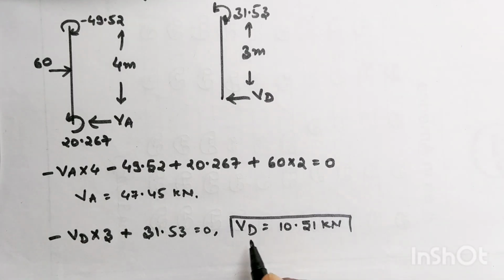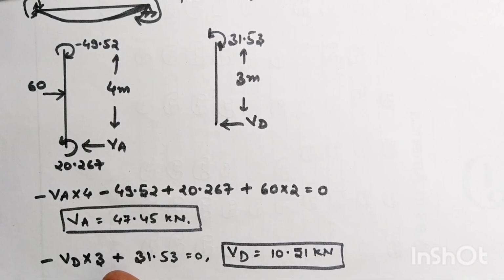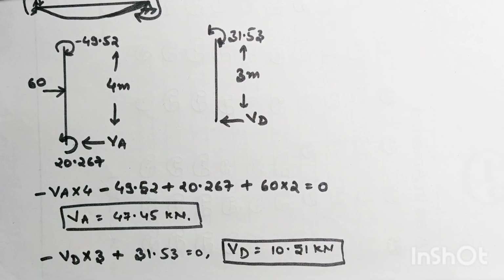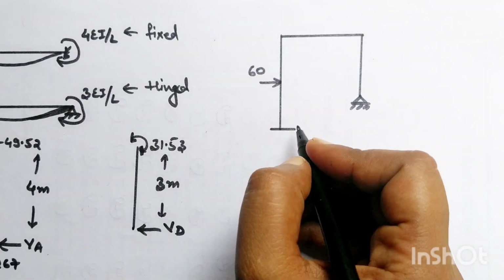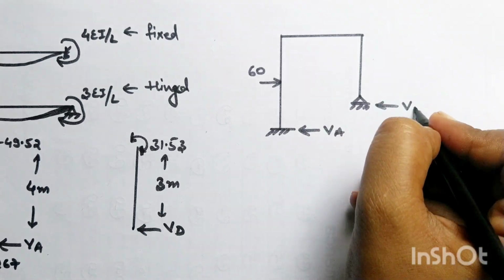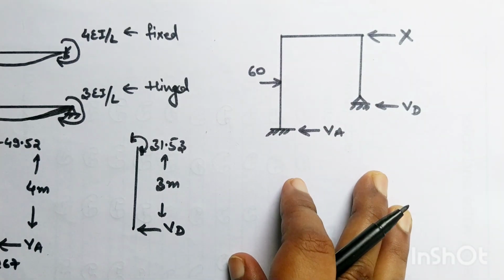Now we'll be calculating our horizontal sway force which has occurred because of the loading condition we are having. For that we have to make a figure like this. So we are going to calculate this X. So this is our loading condition.